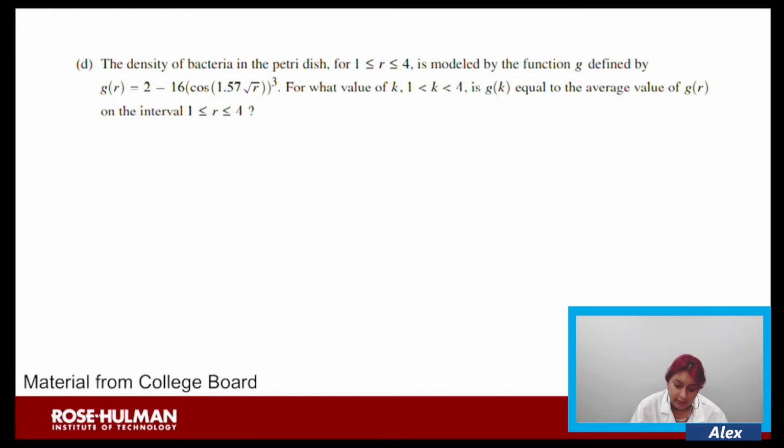So for this one, we need to set up an integral for our average value of g. Because we are looking for the average, we need to set up a kind of ratio that tells us how many values we are doing, because your average is adding up all of the different values over the number of values that you have.